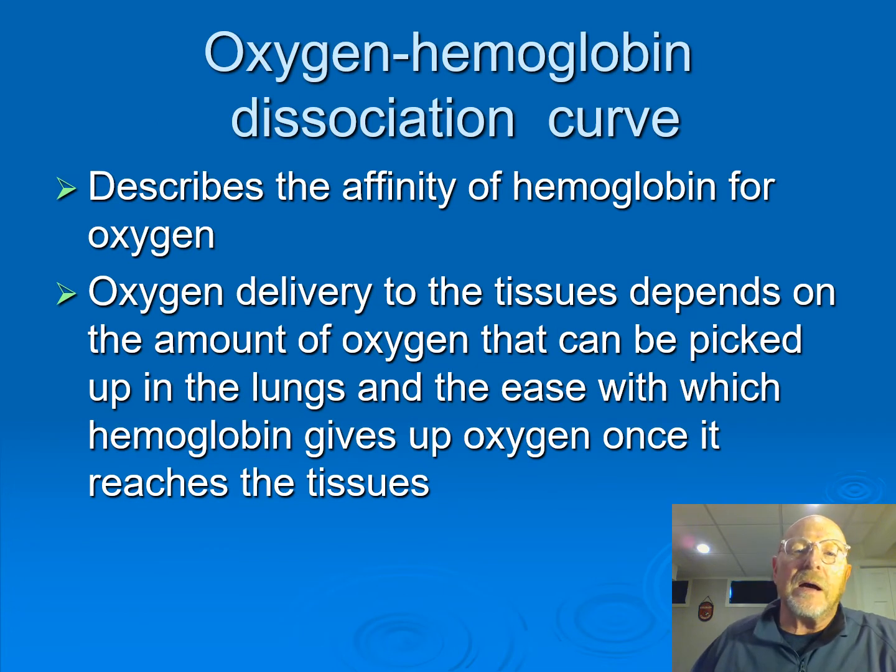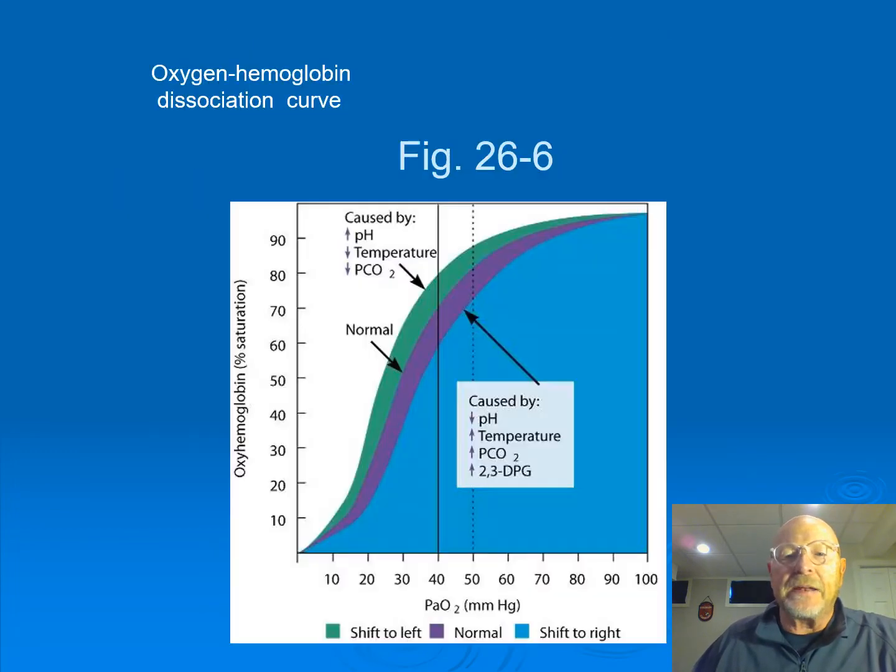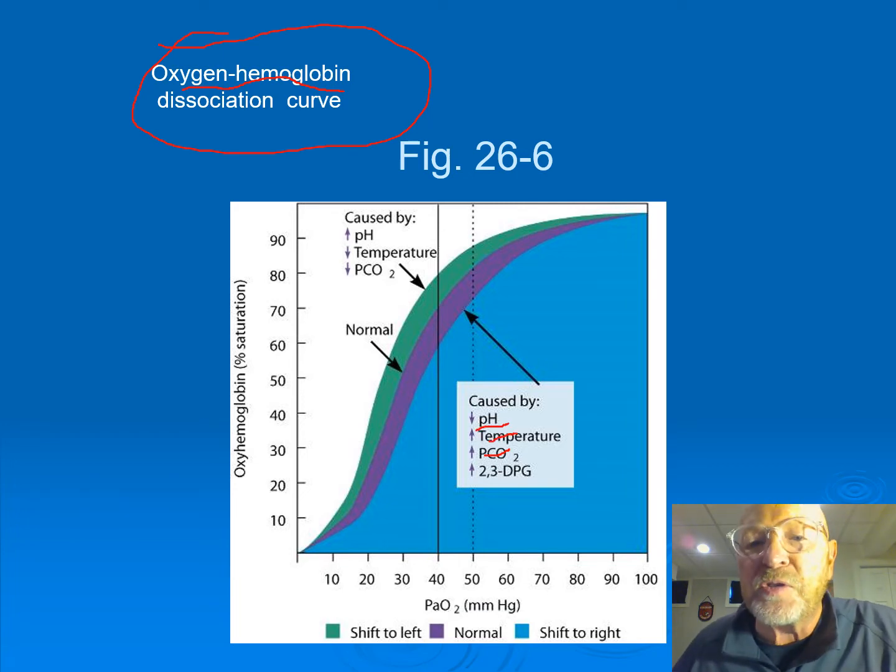The oxygen hemoglobin dissociation curve, I don't want you to get all wound up about that. Even when I show you this graph, all we're saying that the curve represents is that here's that oxyhemoglobin compound. In order for oxygen to bind to the hemoglobin, the pH level, the CO2 level, and the body's core temperature need to be at a certain state of homeostasis.